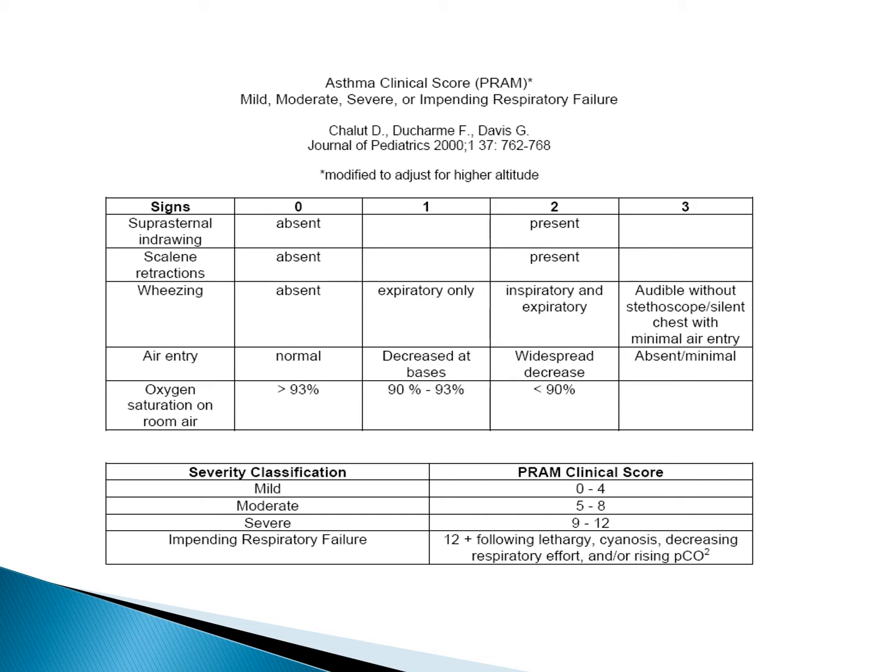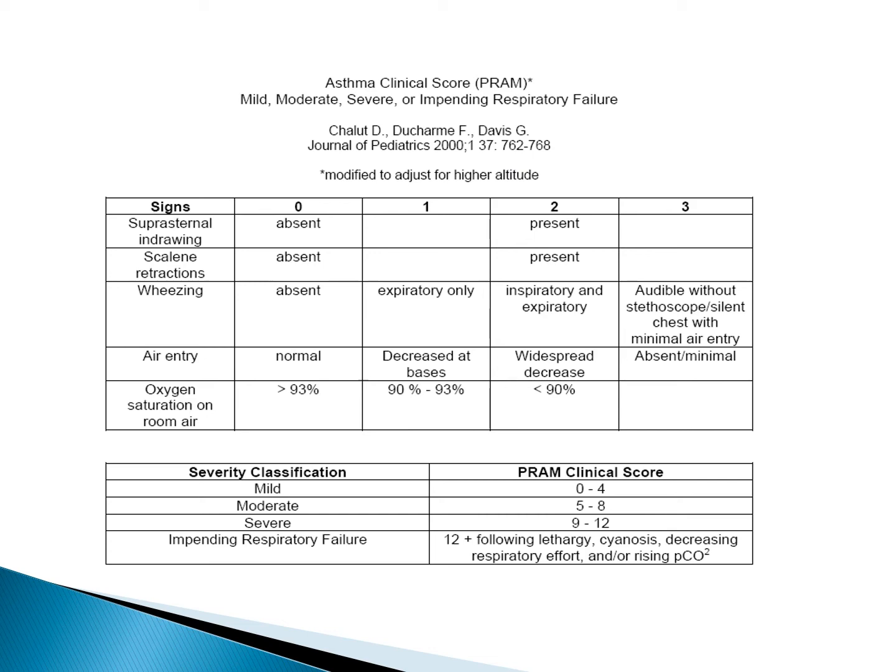A lot of pediatric centers use this. And so it's a combination of looking at suprasternal indrawing, or what we kind of know as tracheal tug. It's looking at scalene retractions, which are the retractions around the neck musculature, the scalene muscles. We're looking at wheezing, and we're looking at air entry.